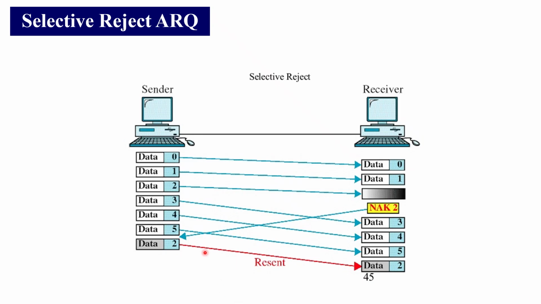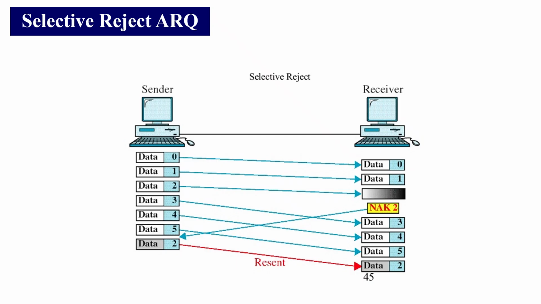Meanwhile, the receiver continues accepting frames 3, 4, and 5 even while waiting for the new copy of frame 2. Once frame 2 arrives correctly, the receiver sends an acknowledgement confirming successful receipt of the new frame 2 along with the original frames 3, 4, and 5.